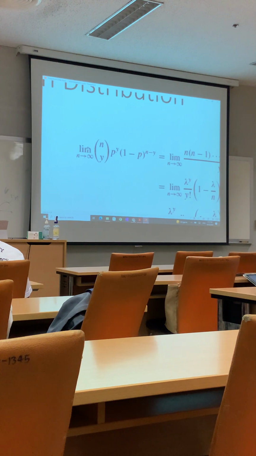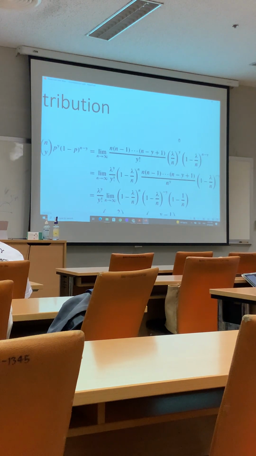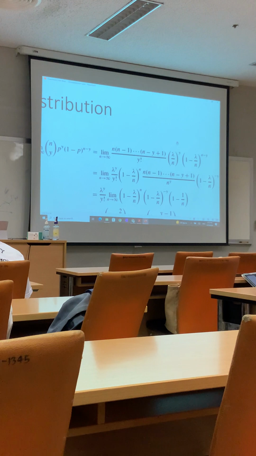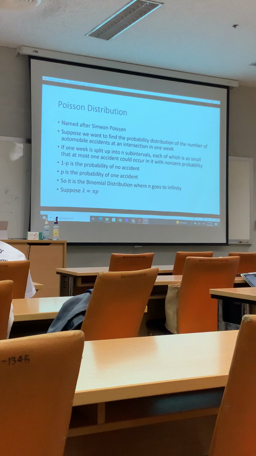We take the limit of n going to infinity because we say that Poisson is just binomial when n goes to infinity. Okay. So you can see that now we have lambda, right? Because we have p here, but we're going to use the new parameter.